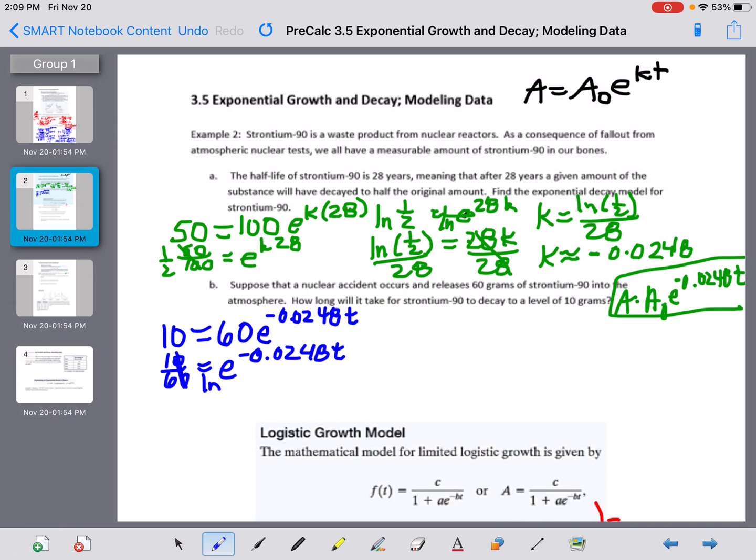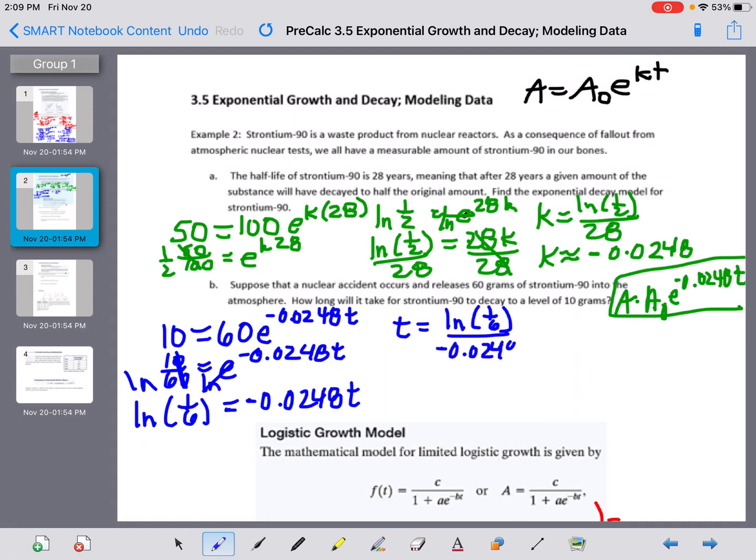Take the natural log of both sides. So I get the natural log of 1/6 equals negative 0.0248t because the natural log and e cancel. Divide everything by that nice pretty decimal. So t is going to be the natural log of 1/6 divided by negative 0.0248.